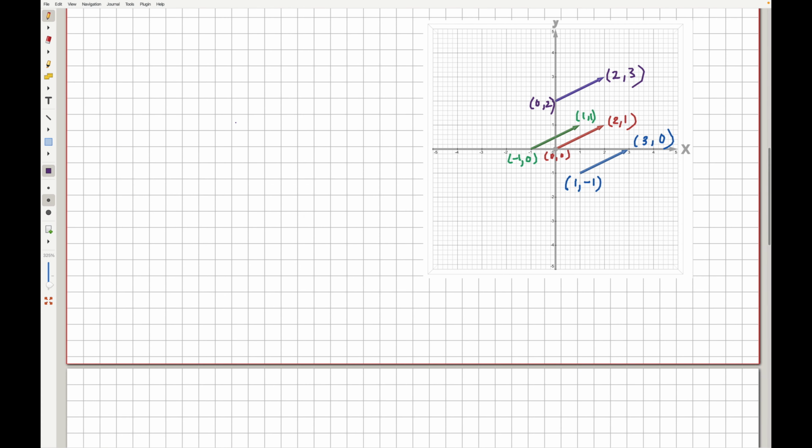So the point to note is, if we have vectors of the same length and same direction, then essentially they are the same vectors.